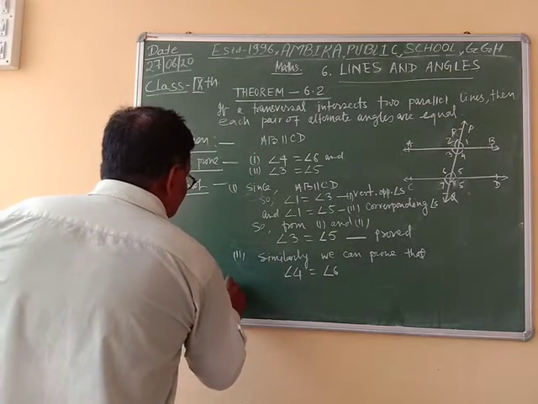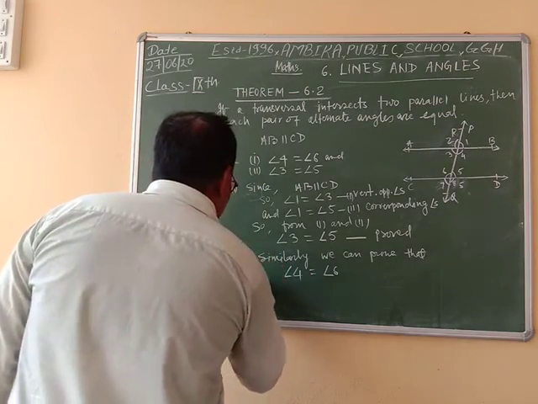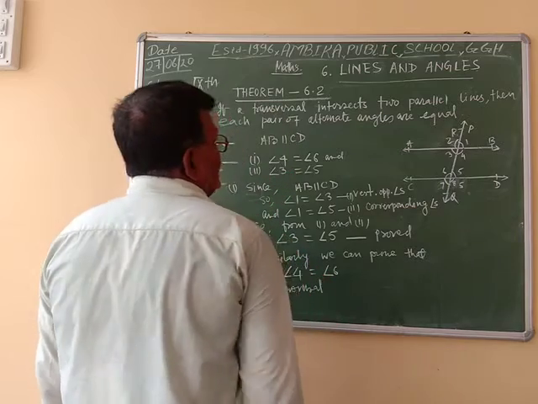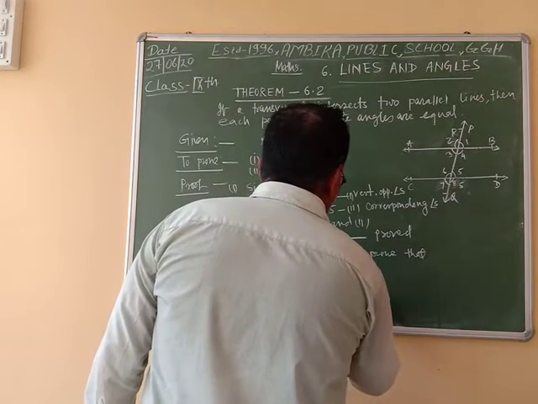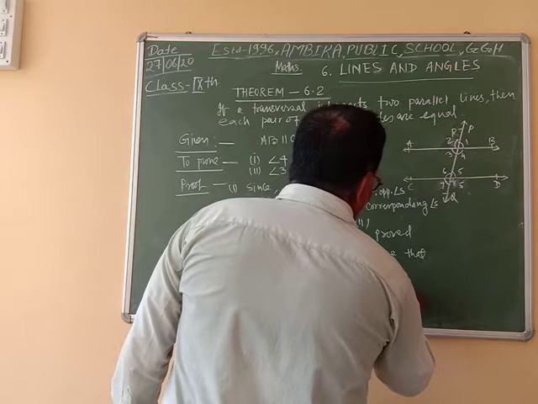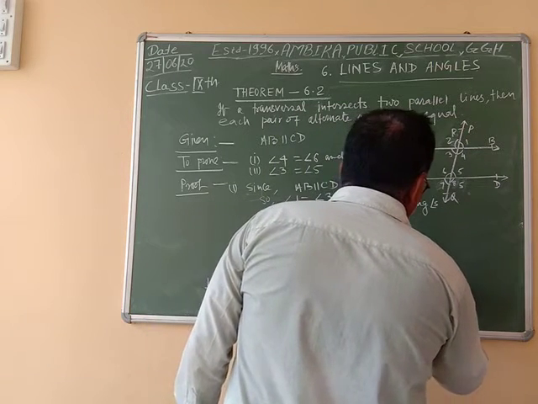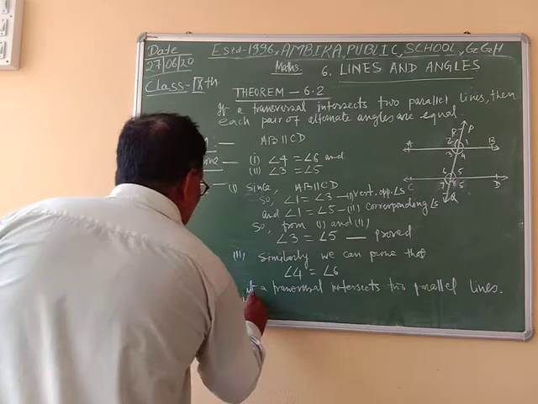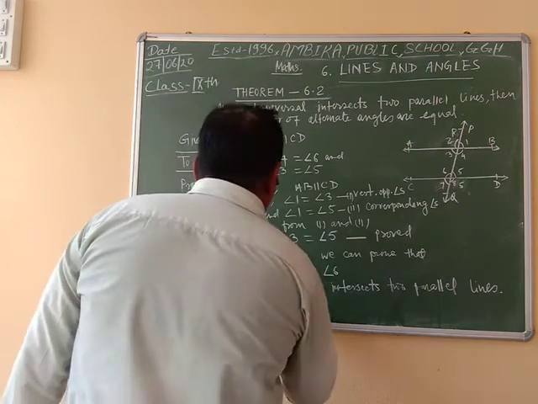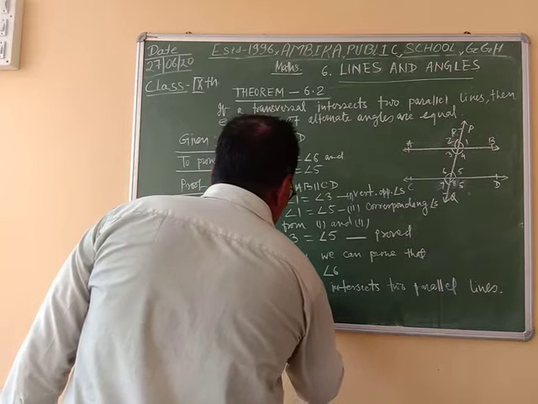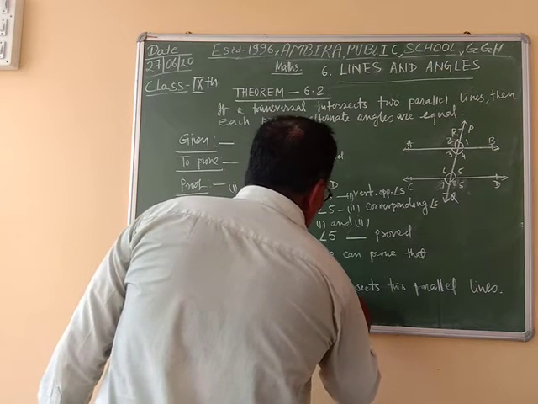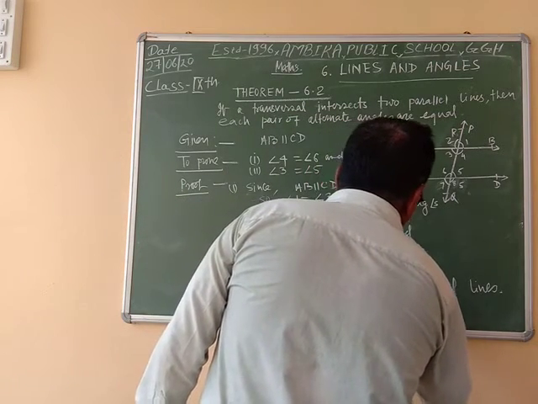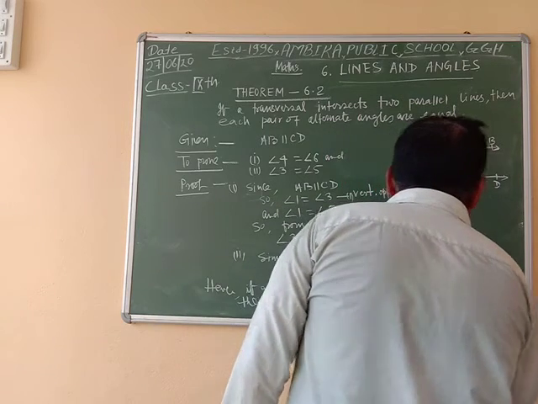Hence, if a transversal intersects two parallel lines, then each pair of alternate angles are equal. It was to be proved.